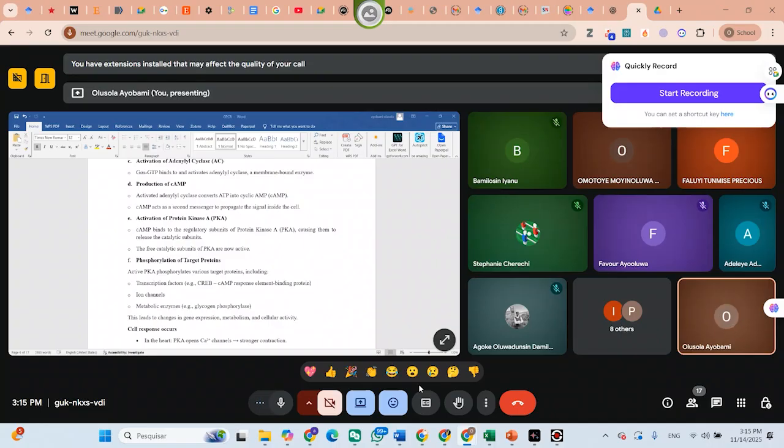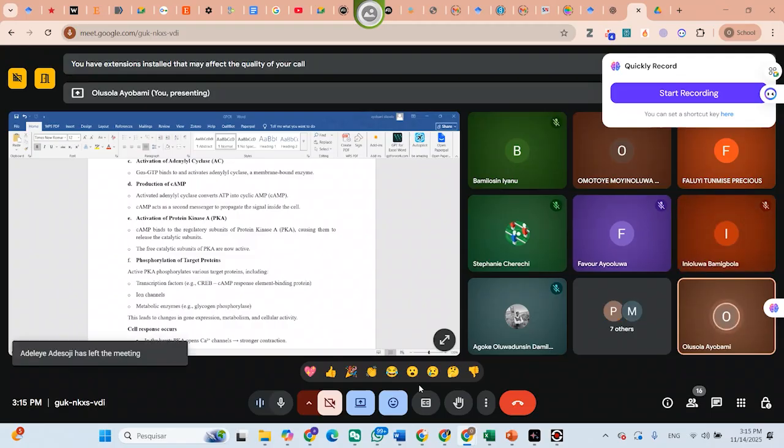So what does this adenylyl cyclase do? When the G alpha S GTP activates the adenylate cyclase, it converts adenosine triphosphate into cyclic adenosine monophosphate. Anytime you hear cyclase, it's just to convert a linear molecule into the cyclic form.